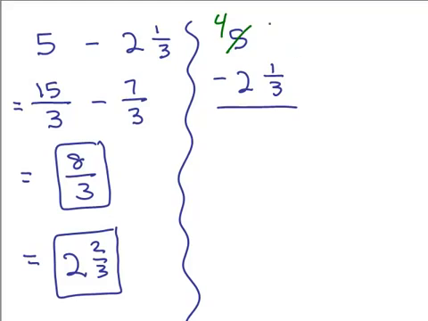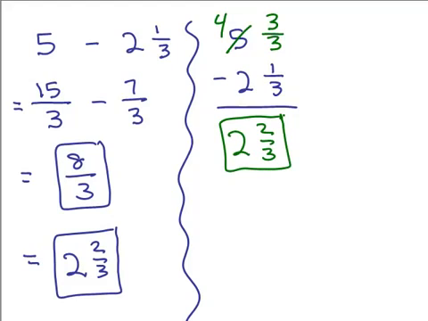Okay, instead of me writing 1, how about if I write 1 as a fraction with a denominator of 3? What would that be? Well, it'd be the same thing, just 3 over 3. All right, so now I could do 4 minus 2, which is 2, and 3/3 minus 1/3, which is 2/3, and look, I got the same answer again, 2 2/3.